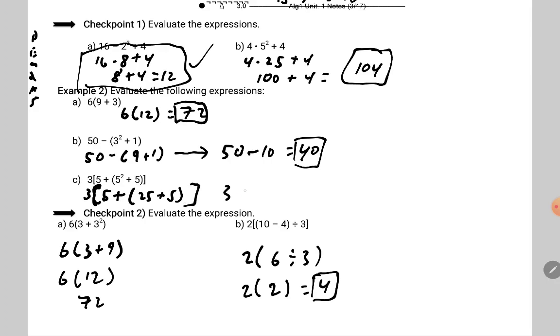So we have 3 times 5 plus 30, which is 3 times 35, which is 70 plus 35 is 105.